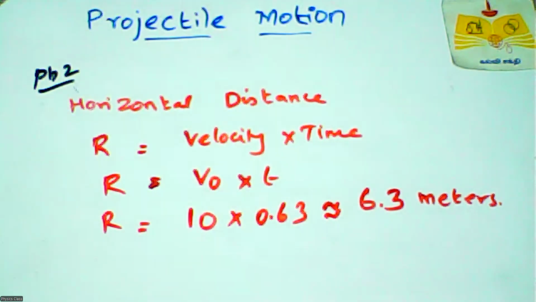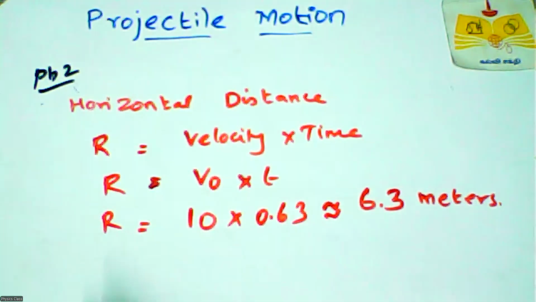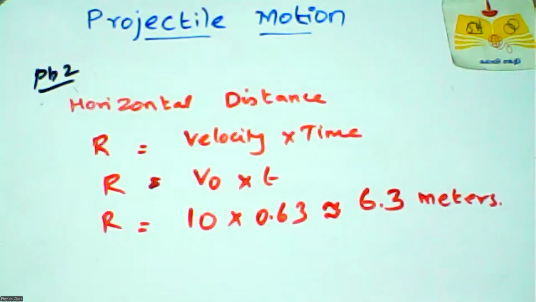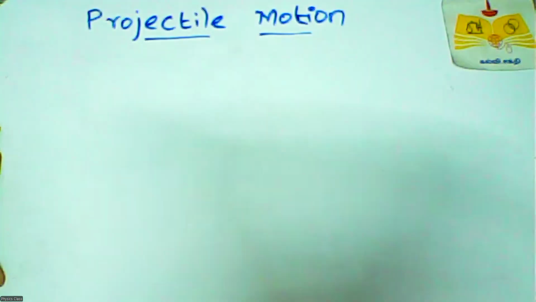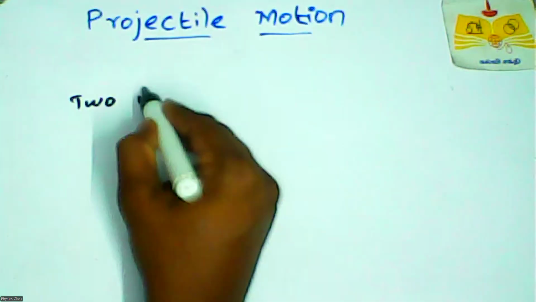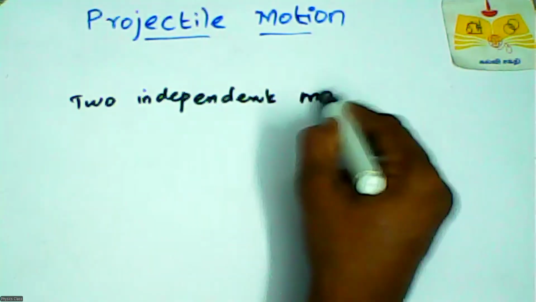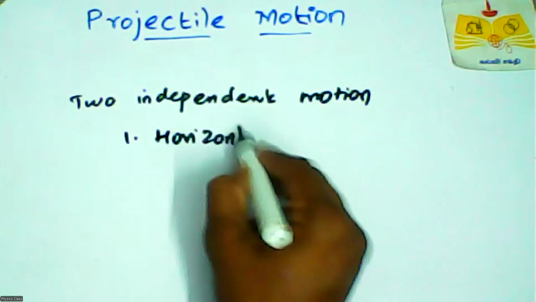Okay, good. So let's wrap up. Today we learned that projectile motion involves two independent motions. One is horizontal motion, that is constant velocity.